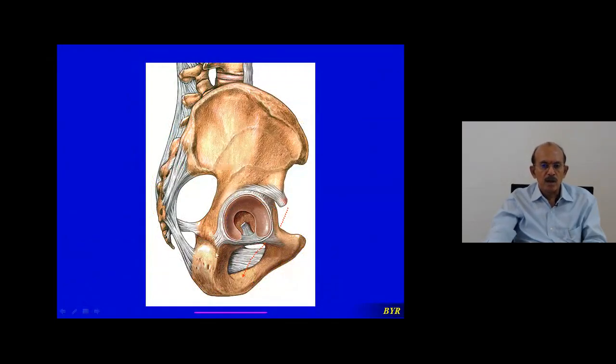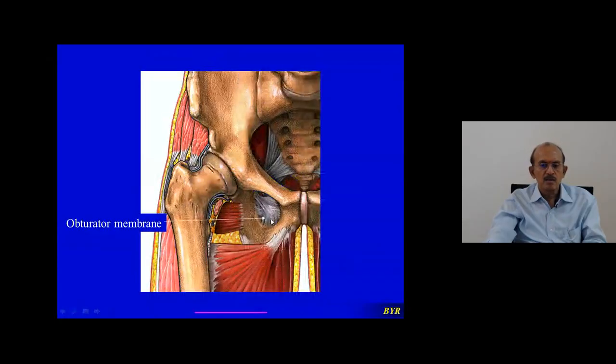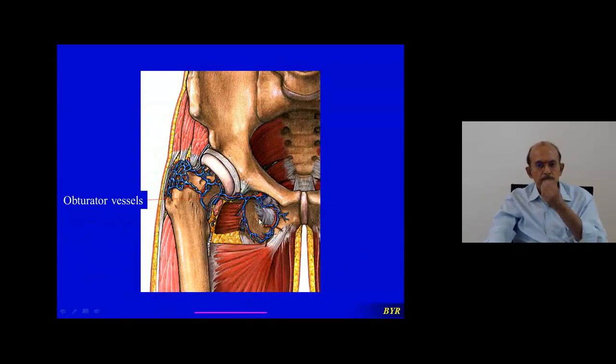If you look from the outside, this is outside the pelvis. This is the hip acetabulum. So this is the obturator foramen, which is covered with the obturator fascia, obturator membrane. You can see the obturator vessels. They have come out through the obturator canal, and they have a good collateral anastomosis around the hip joint and around the pelvic bone.